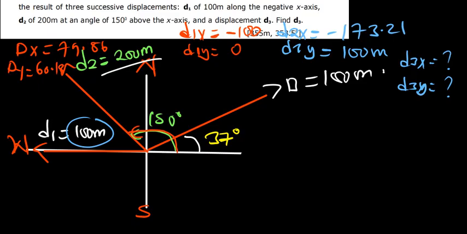Up to this point, any question before we find D3? I still can't figure out the answers for, like, what are the answers for D1 and D2? The answers for D1 and D2. So D1, after we solved it, I just had to push them here. This is D1x, which is negative 100.